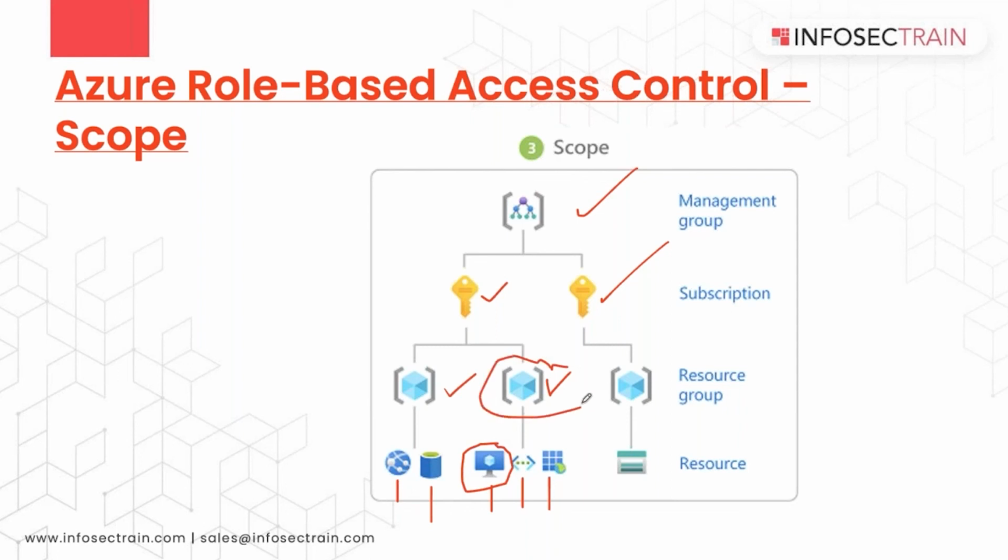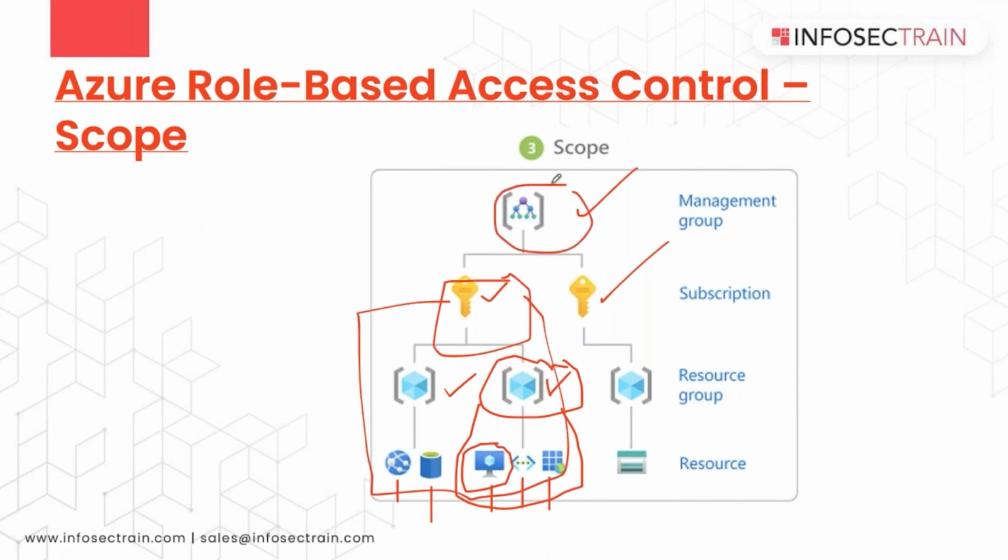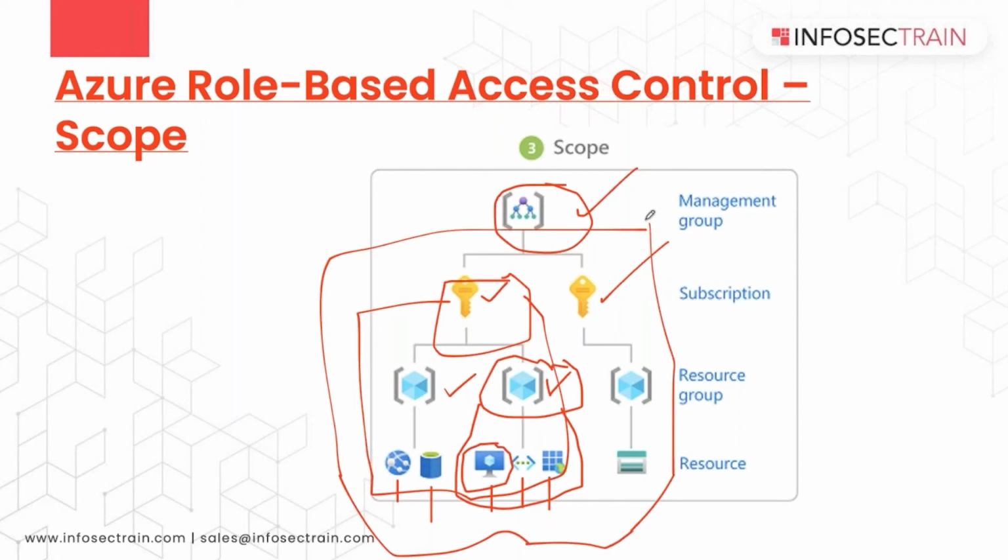At that time, this will be my scope. If my scope is a resource group, it automatically covers all the resources inside it. If my scope is a subscription, all the resources inside the subscription are covered.